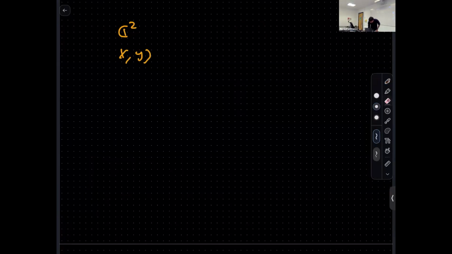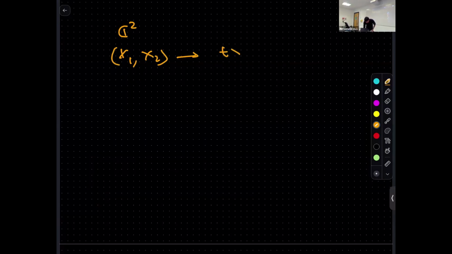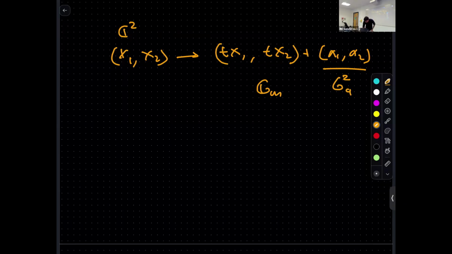What I'm trying to say is that if you have a point in C2, x1 and x2, you can scale them all simultaneously. I misspelled it, I apologize. That probably is the correct group. I think you want GA squared on the left and GM on the left. Yeah, probably, thank you.